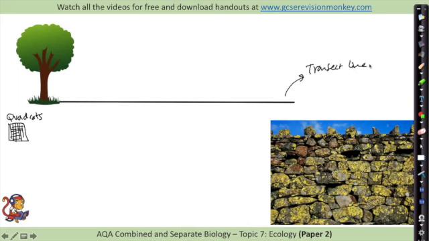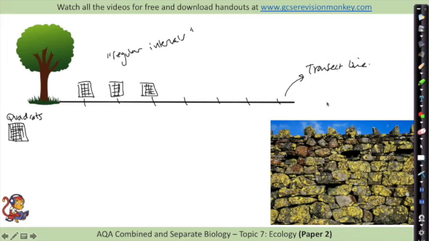Then, at regular intervals, for example every metre or every 2 metres, you would sample the organisms. To do that, you could either just count the number of organisms that were touching your tape measure or your piece of string that you put down as your transect line, or you could place your quadrat there and count the number of organisms within your quadrat.